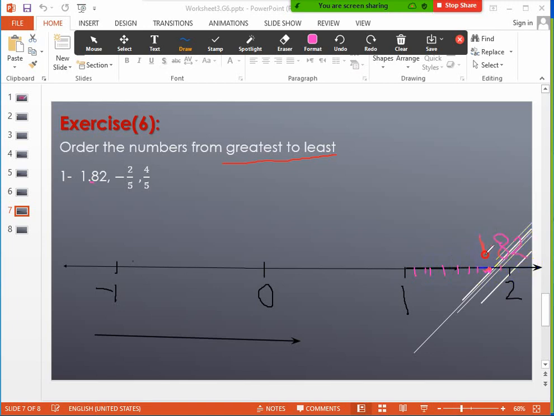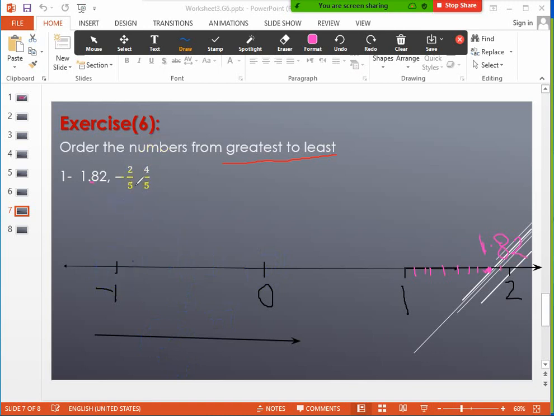Now the next one is what? Negative 2 over 5. This number will be where? On the right side or on the left side of 0? Very good. Between which two numbers? Between 0 and? Very good.